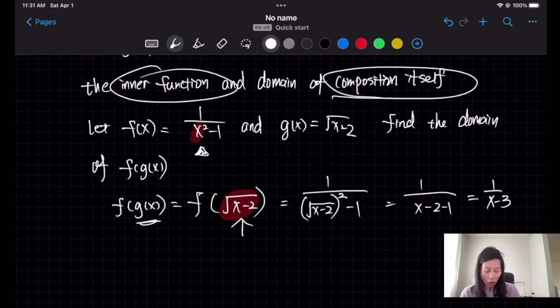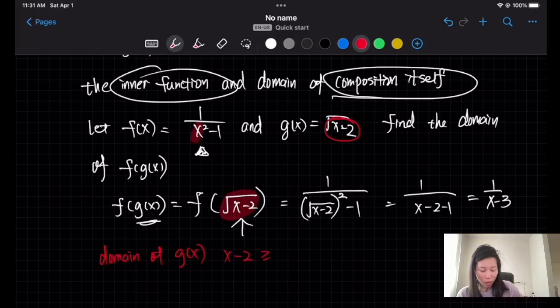One is the domain of the inner function, which in this case is g of x, the square root of x minus 2. Everything inside the square root has to be greater than or equal to 0, so x has to be greater than or equal to 2.